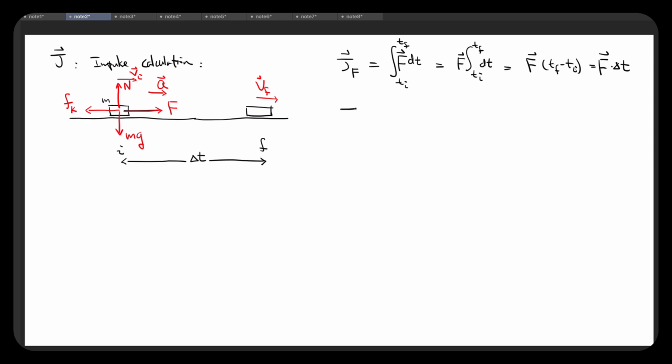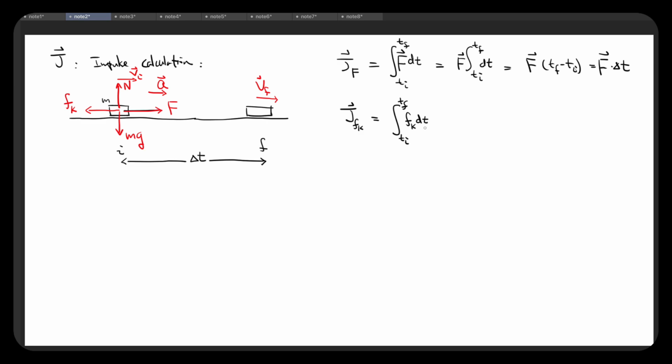Now the impulse due to the friction force Fk, let's see how we can calculate this. It's the integral of Fk dt from t initial to t final.